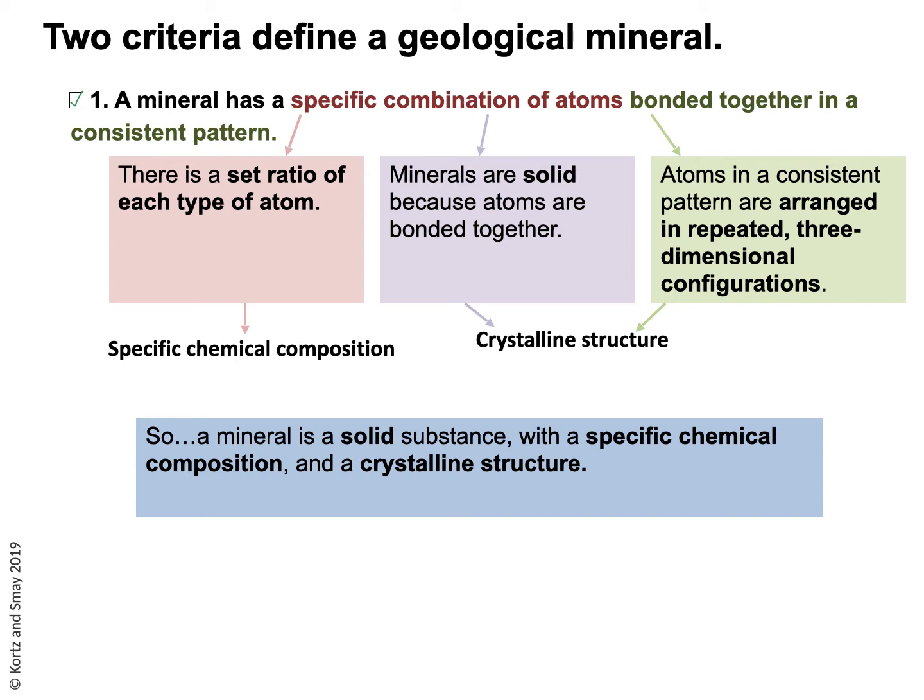And then when we say bonded together, we really are referring to the fact that atoms are bonded together in a consistent pattern, and they're arranged in repeated 3-dimensional configurations. So it's a very organized structure, and this is very specifically defined as something called a crystal or a crystalline structure. So minerals have to have a crystalline structure to be considered a mineral.